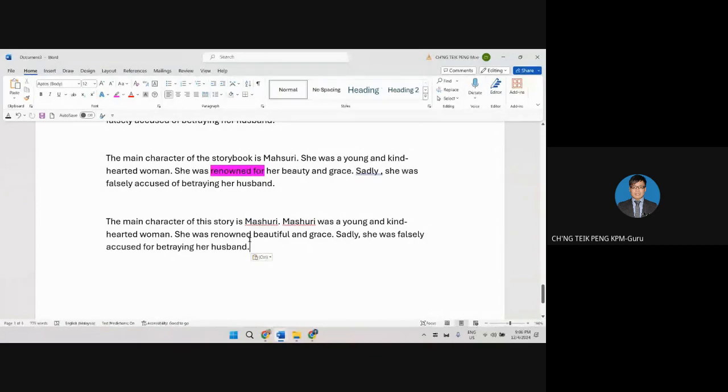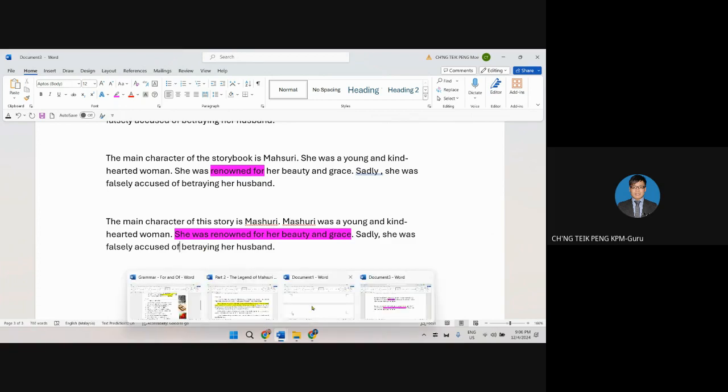Was a young. She was renowned, beautiful, and grace. 不对了，这句就错了。She was renowned for her beauty and grace. Okay. She was falsely accused of betraying her husband.